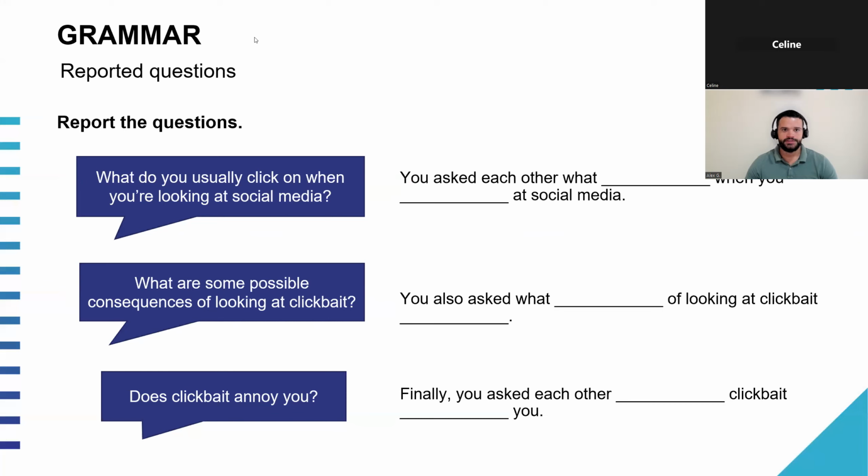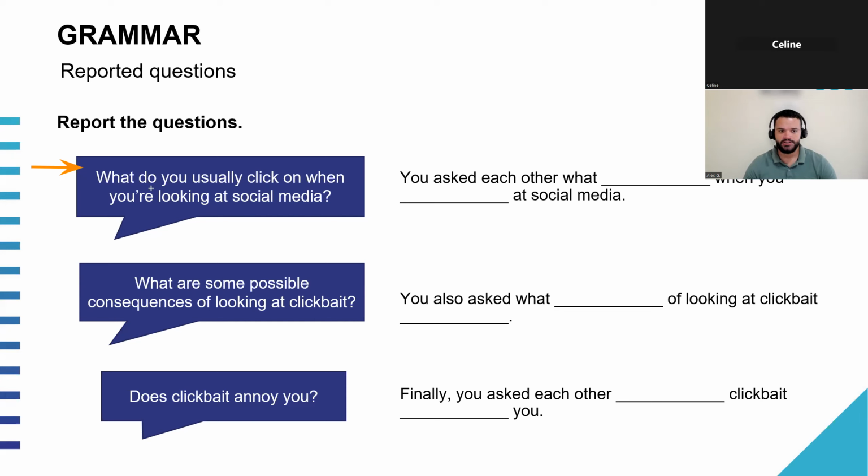Report the questions. So let's begin by reading the questions here. Go ahead and read the first question here, Celine. What do you usually click on when you're looking at social media? Very good. So for reported questions, remember, we have to change the verb tense, right?